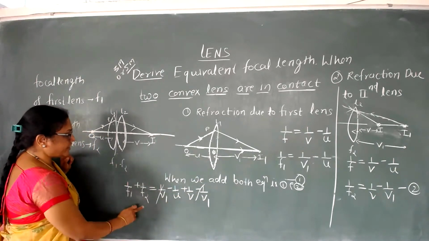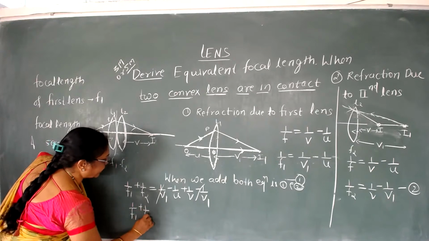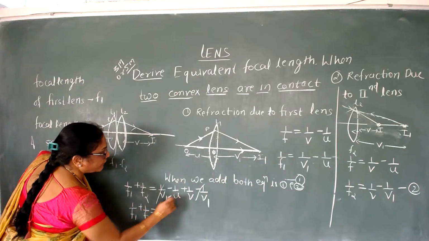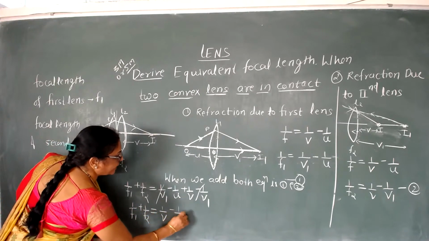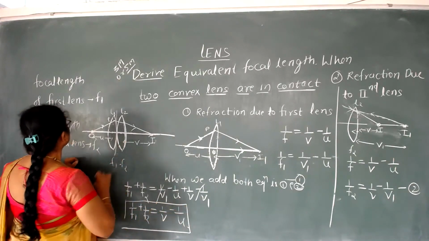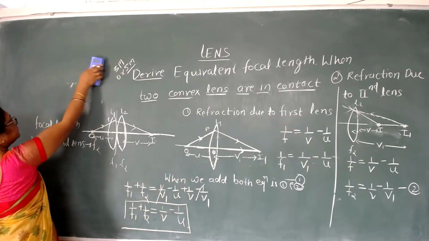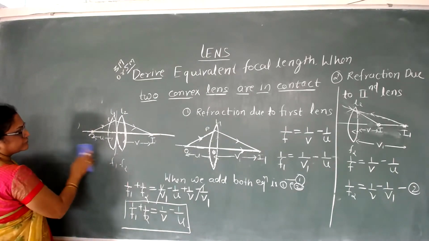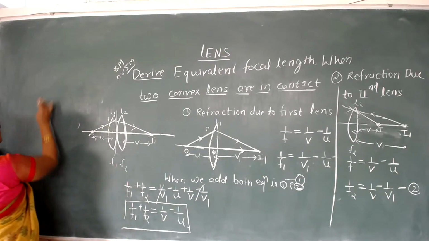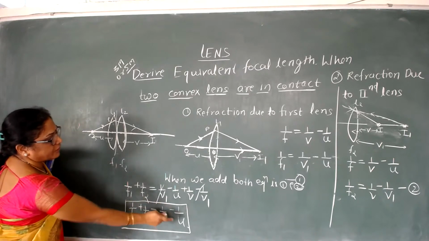We got the new equation, 1 by f1 plus 1 divided by f2 is equal to 1 divided by v minus 1 divided by u.